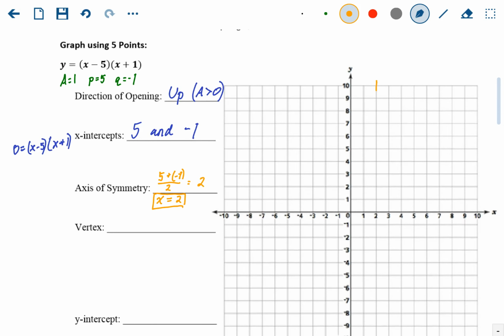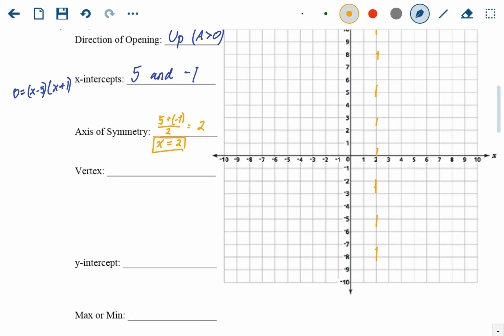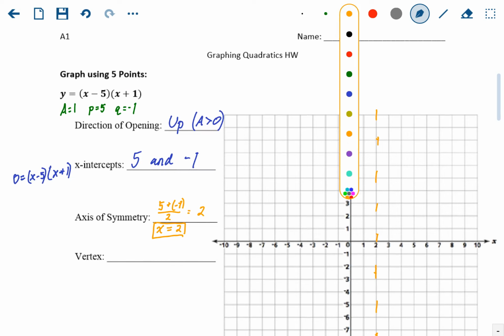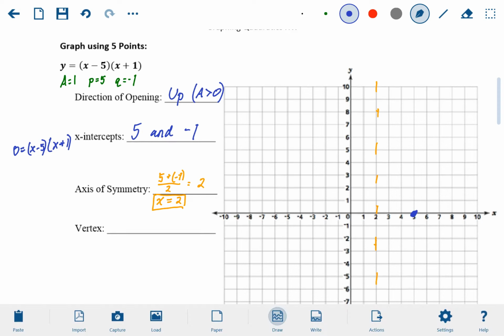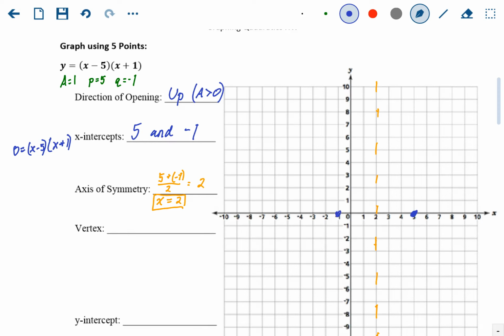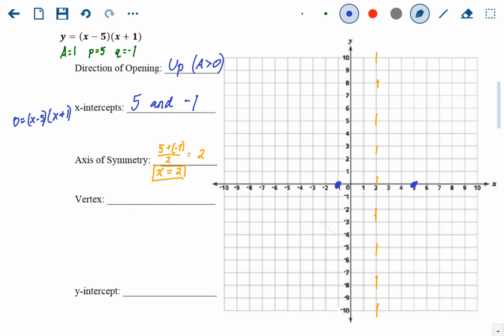For the axis of symmetry, we use a vertical dotted line. And we could put our intercepts on here, 5 and -1. Our vertex is going to be somewhere on this axis of symmetry, so let's find that next.